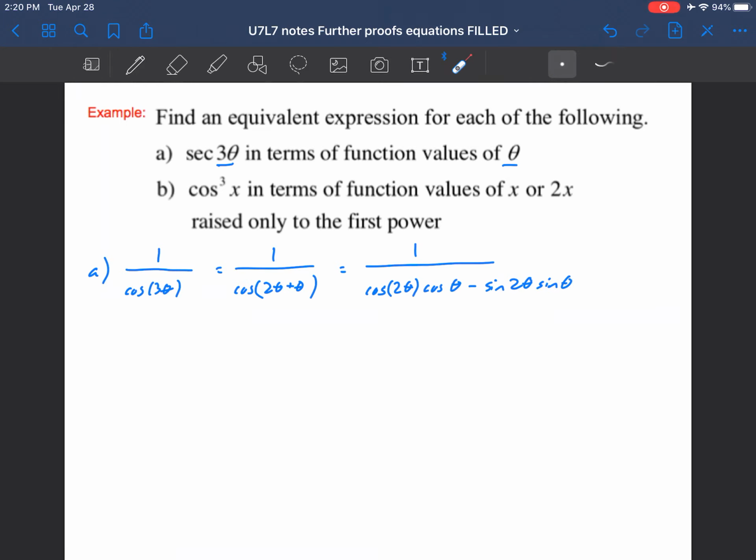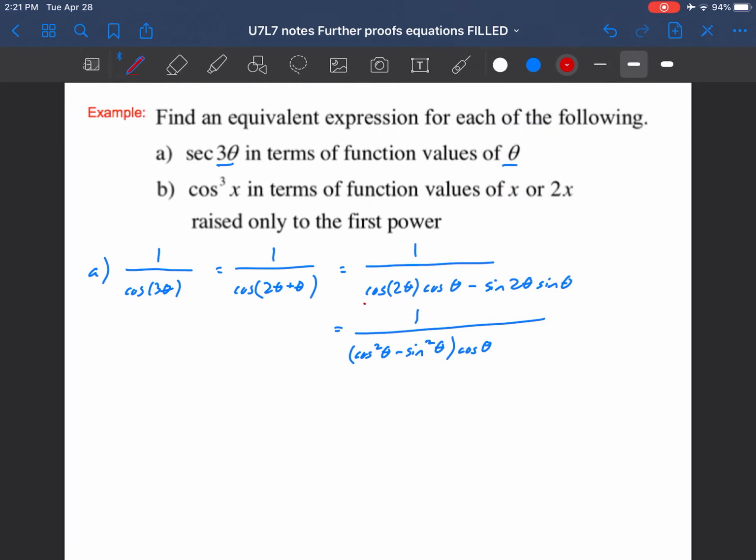Okay, so now we're almost there, but we still have these 2 theta parts in this cosine 2 theta and in this sine 2 theta. So we've got to make a substitution for those. We have some choices with the cosine 2 theta. I'm just going to go with cosine squared theta minus sine squared theta, times cos theta.